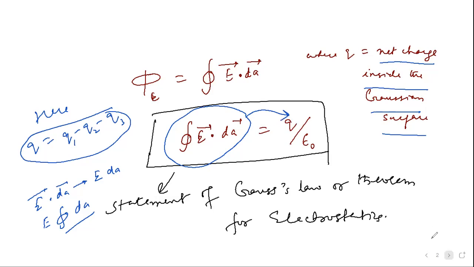For example, if I draw the lines of force for an electric dipole, let this be plus Q and this minus Q. You know, an electric dipole is a configuration of two point charges of equal magnitude but opposite sign. Then the pattern of lines of force surrounding these charges will be like this.